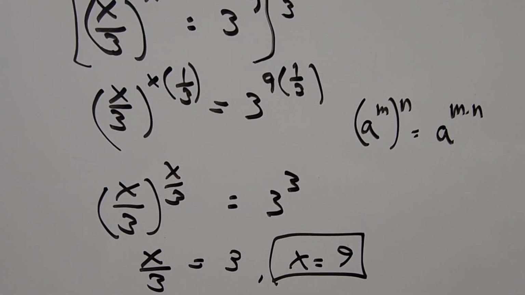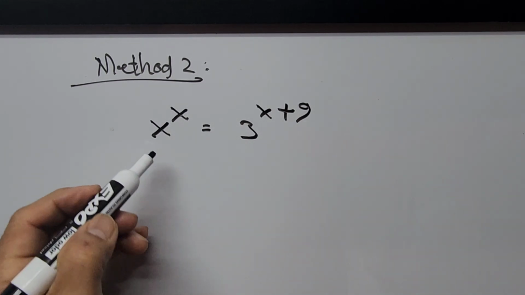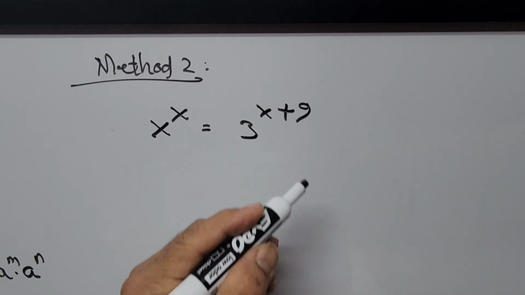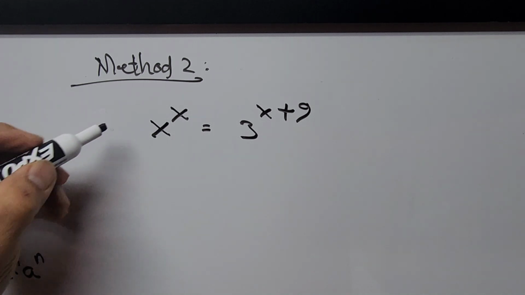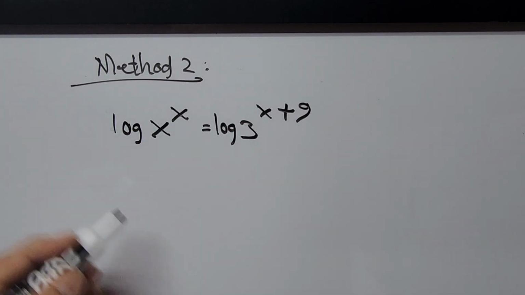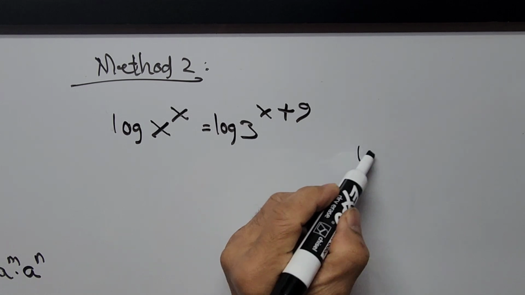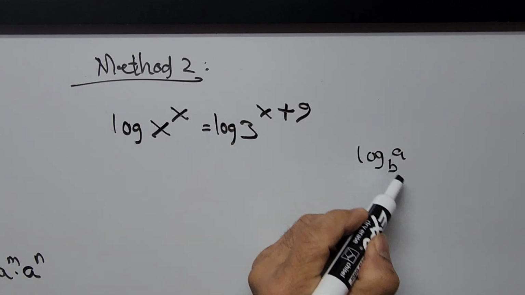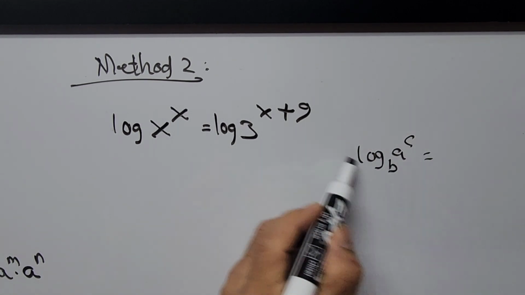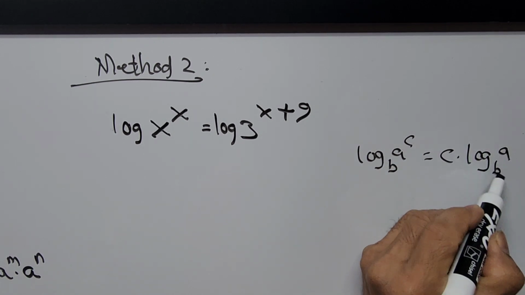So now let's go to the second method. We'll be using the rules of logarithms. So we have here our original equation, x to the power of x equals 3 to the power of x plus 9. First step, we're taking the logarithm on both sides of the equation. That is understood, this is base 10. Based on the logarithm power rule, log of a to the base b, exponent c, can be written as c times log of a base b.